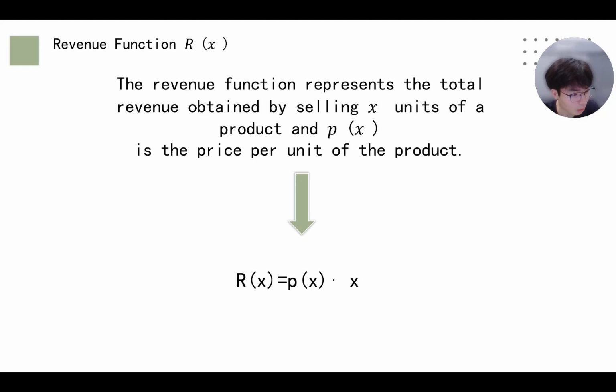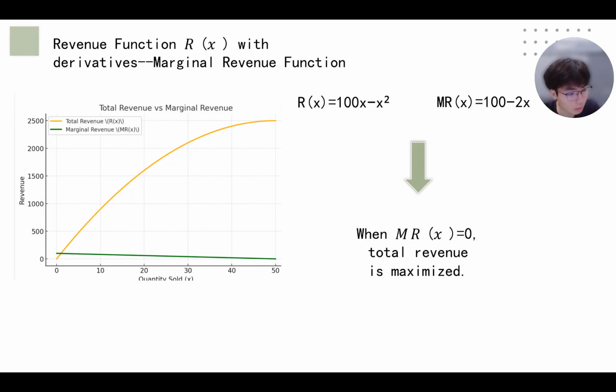It represents the total revenue obtained by selling x units of a product, and R(x) equals P(x) multiplied by x, and P(x) is the price function per unit of the product. And the marginal revenue function, denoted as MR(x), is the derivative of the total revenue function R(x). It represents the additional revenue earned from selling 1 more unit.